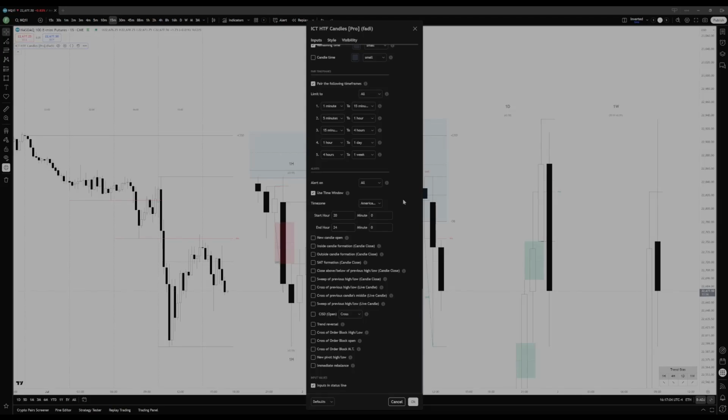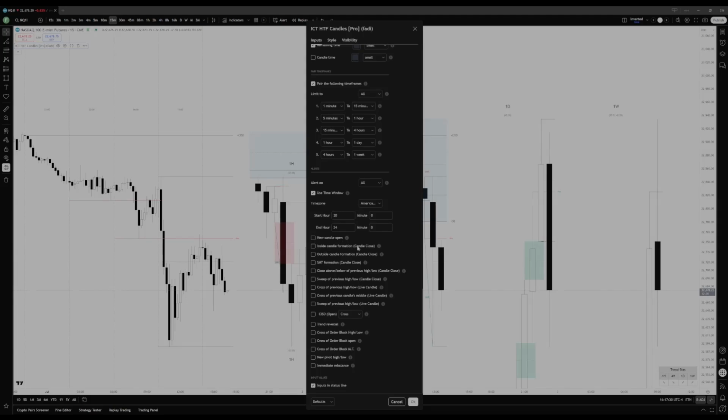The alerts themselves, we have a large number of alerts. They should be clear as is, and there's an explanation of what they are. But at a high level, you can get an alert every time a higher time frame candle starts. For example, if you want to get an alert whenever a 4 hour candle opens, it will alert you there's a new candle opened.